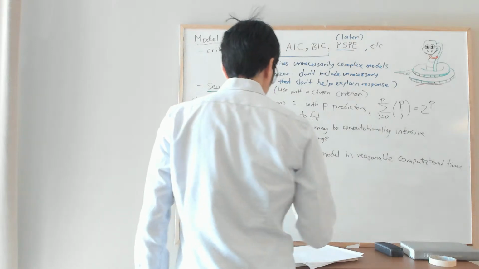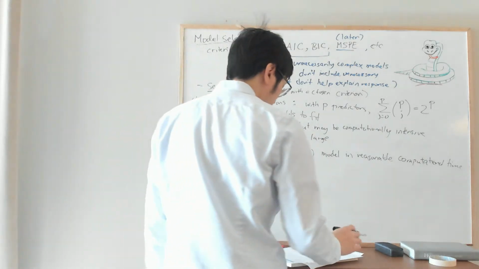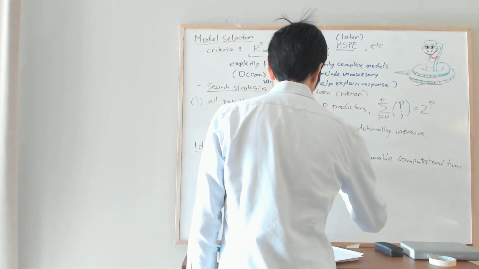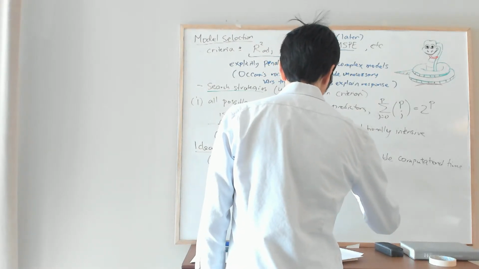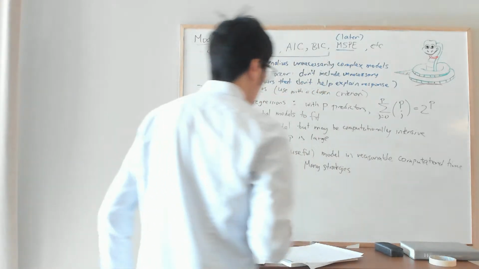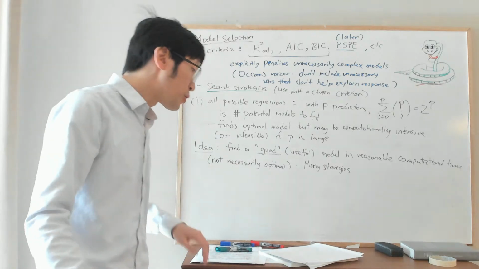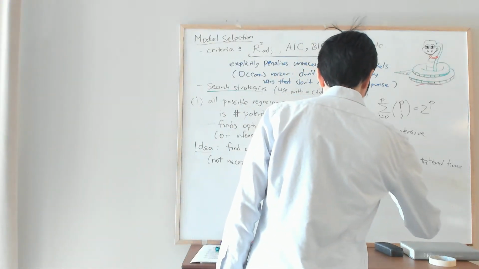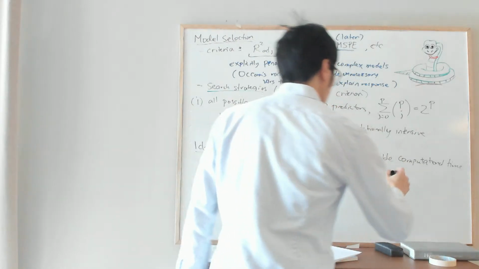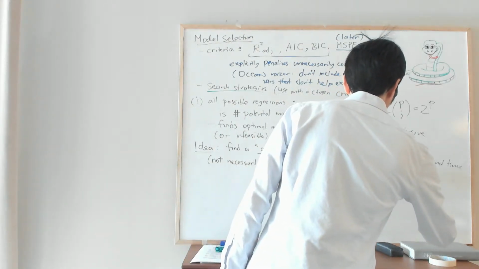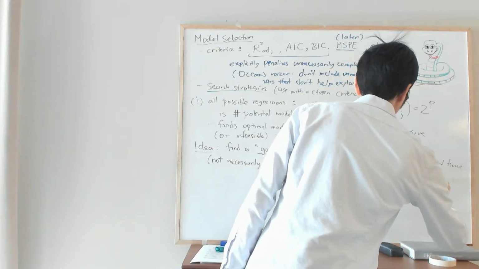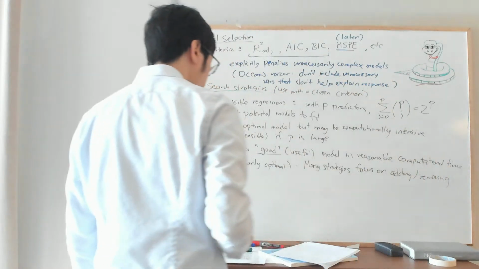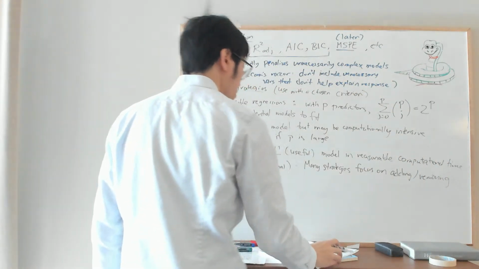Along the lines of finding a good model, a common theme among many strategies is that they focus on adding or removing variables one at a time.